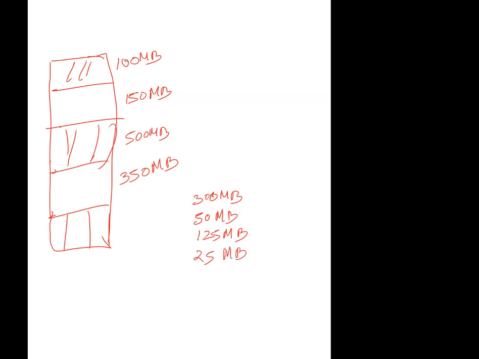We just changed the sequence of the sizes of our processes. First 300, then 50, then 125, then the 25 MB process.